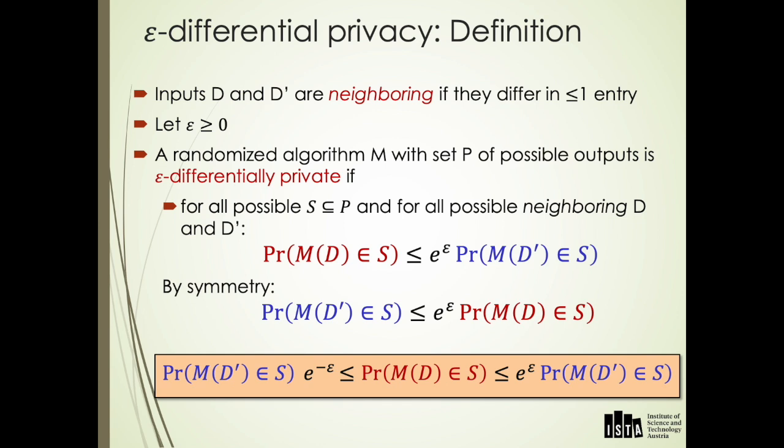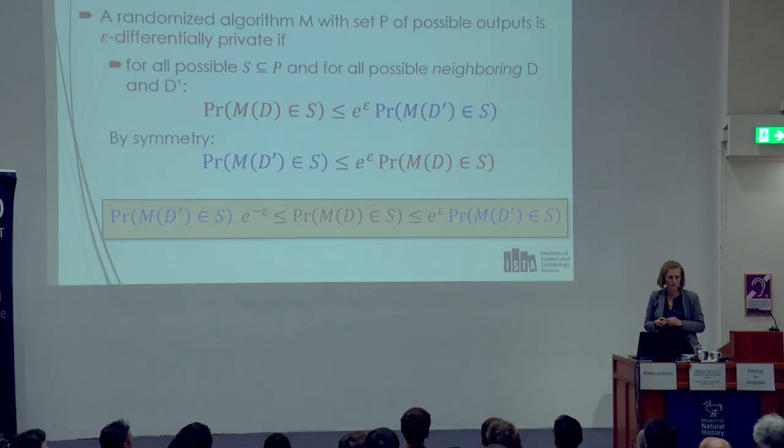And so if epsilon is small, close to 0, then this is roughly 1, and it gives you a good privacy guarantee. Now, one thing you should keep in mind is that in practice, epsilon is not close to 0. You should think of epsilon as more like 7 or 8 when used by companies. So e to the epsilon is already pretty big, but even worse, in the US Census, they used epsilon equals 19.